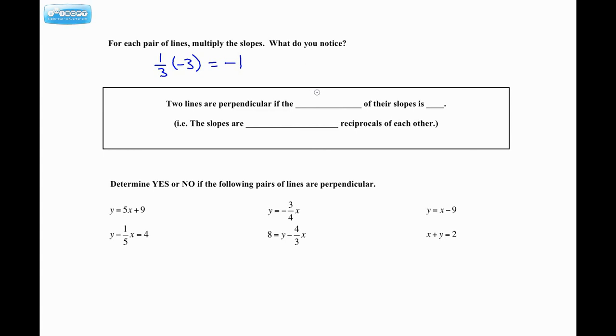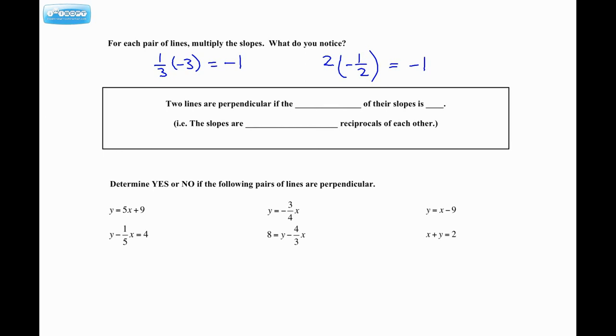We had a slope of 2, and the other slope was negative 1/2. Again, the 2's cancel, but you are left with negative 1. So that appears to be a pattern as well. When you multiply two slopes together that are perpendicular, the result is negative 1.